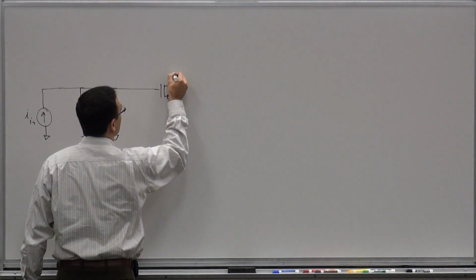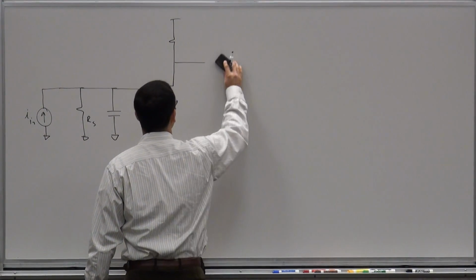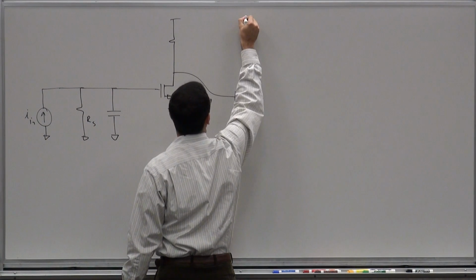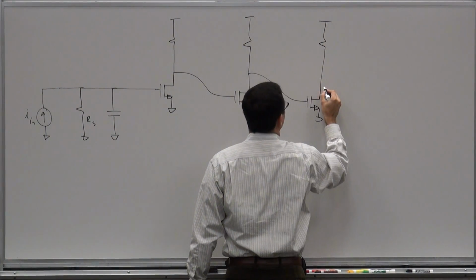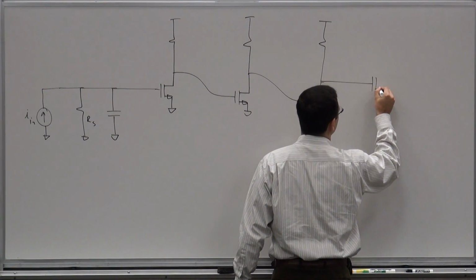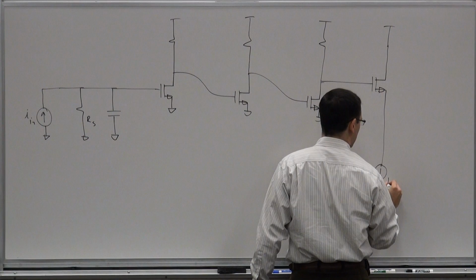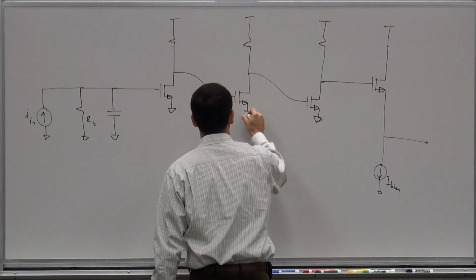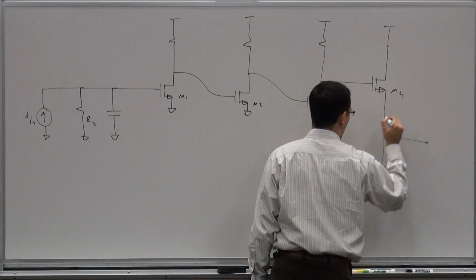You have a 3-stage amplifier, very simple common sources, and then you have a follower on the output, biased with an ideal current source. So this is, let's say, M1, M2, M3, M4.